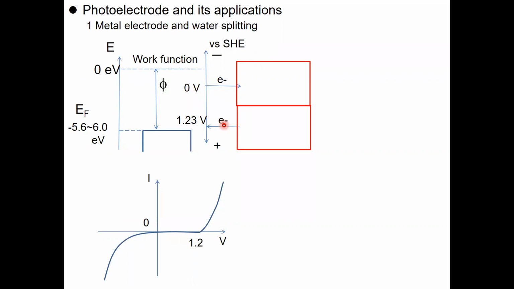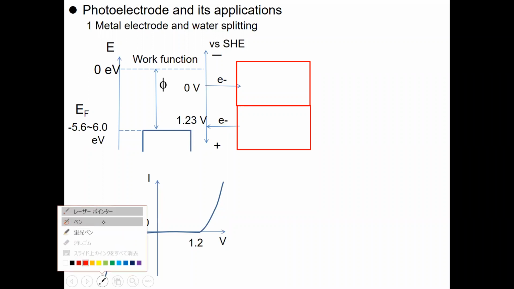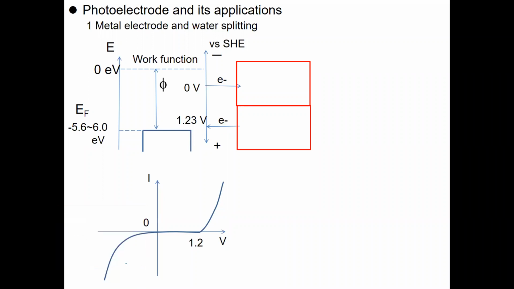So what happens here is, for example, if this electrode is higher, coming around the 0 position, this electrode is going to give electrons to the energy level of hydrogen generation.